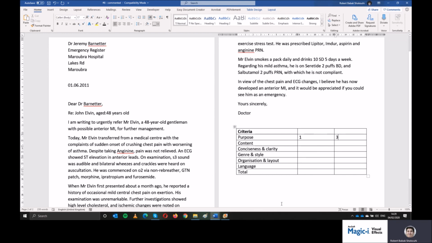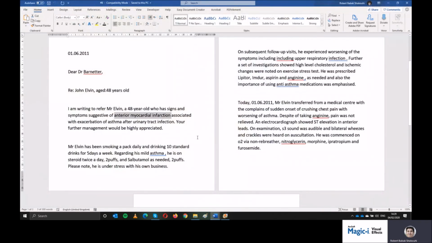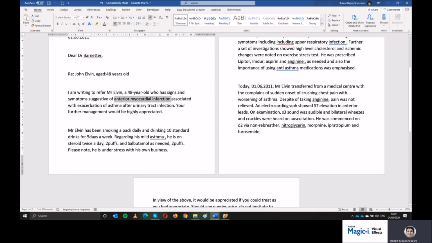Content, the content which is necessary. Here you said standard drinks, that's fine. He is on a steroid, he is on serotype, so it is not accurate. Under stress.